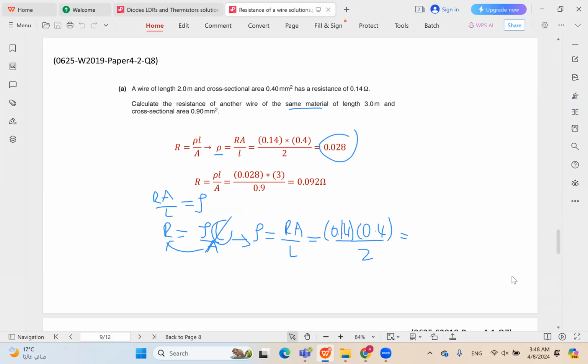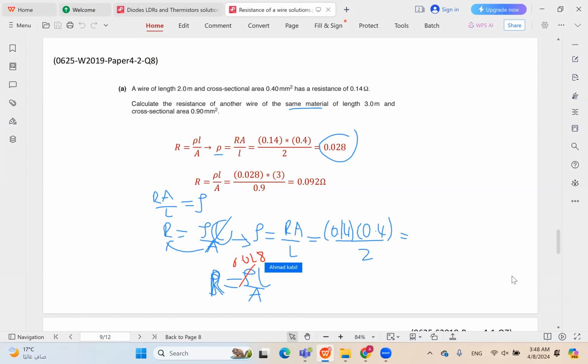Now that we have the value of rho, and we know that the other resistor has the same value of rho, we can just write the original equation here. So R equals rho L over A. We have the same value of rho that we calculated, which is 0.028.